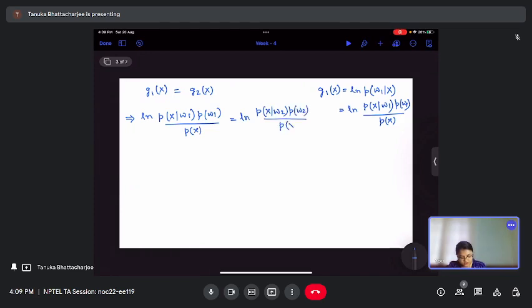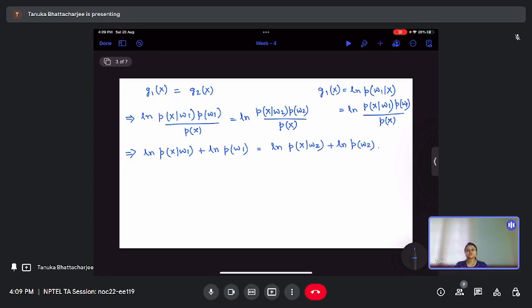Now p x is a positive number present on both sides, so we can safely cancel it from both sides. The expression becomes ln of p x given omega 1 plus ln of p omega 1 equal to ln of p x given omega 2 plus ln of p omega 2.